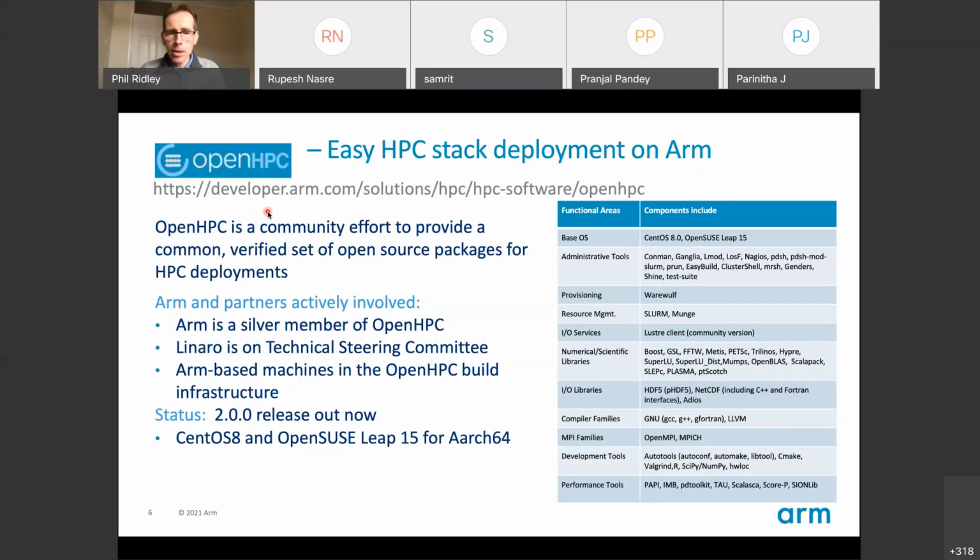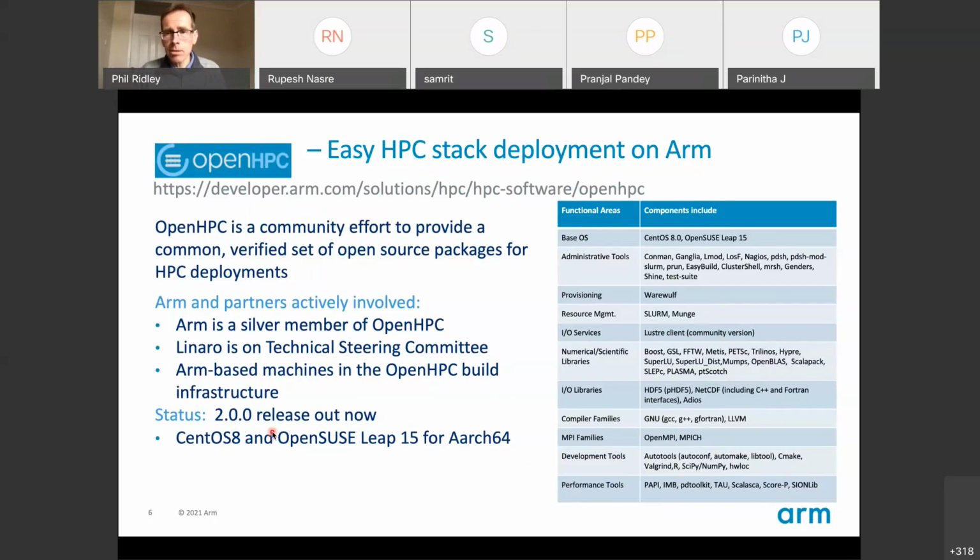One thing that is really interesting as well, we work with a company based in the UK called Linaro, and one aim of Linaro is that they bring together industry and the open source community to help get software developed and working on ARM-based architecture.